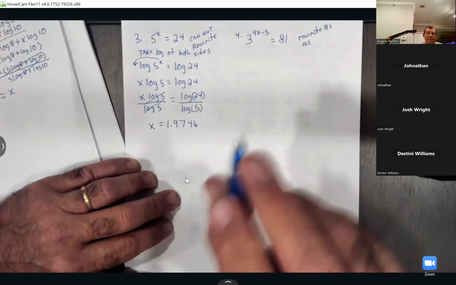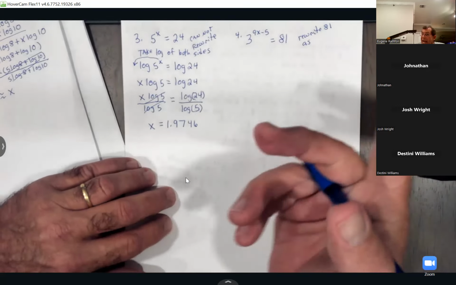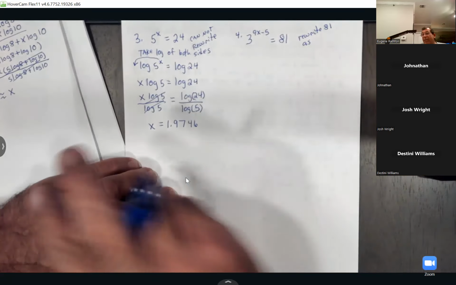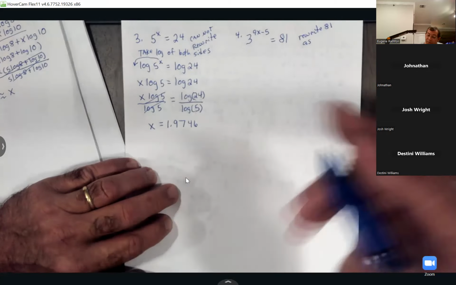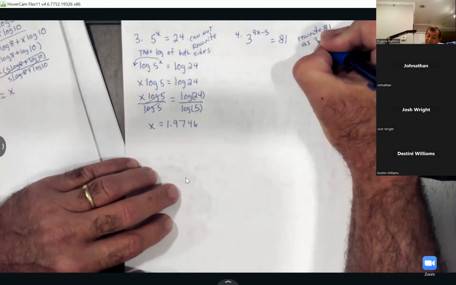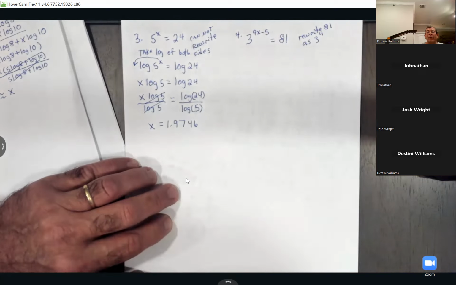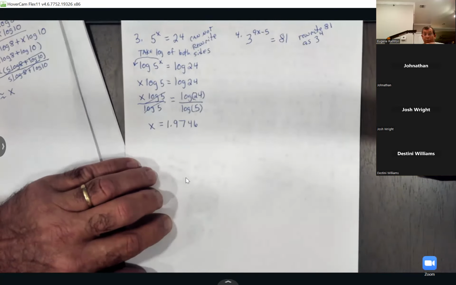Yes. Definitely. Because remember, 9 times 9 is 81. And each of them 9s is two 3s. So that gives me what, a total of four 3s. So y'all, we can do that as 3 to the 4th, okay?